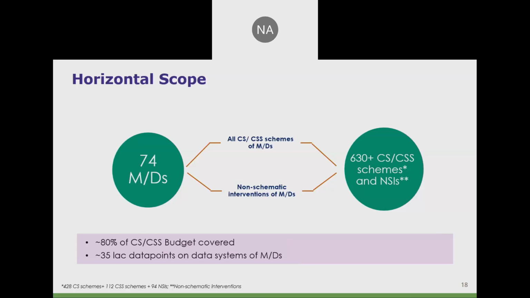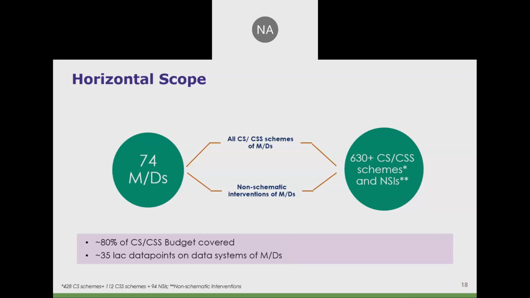So these can be any sector level dashboard that may be required by the department. For example, a steel dashboard to track the production and the supply chain of steel. So these were the kind of interventions that were covered.